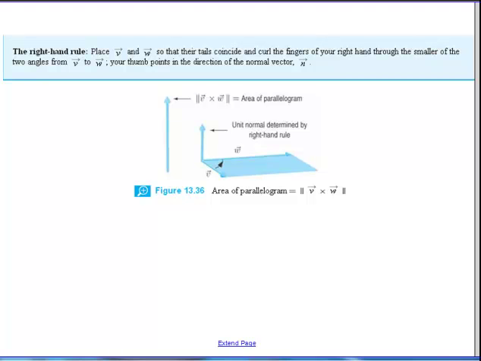So the idea being that when you do this cross product, the result is not just a scalar. It's more than just a magnitude. If we were to get rid of the magnitude, if we're talking about just the cross product, you get magnitude and direction.